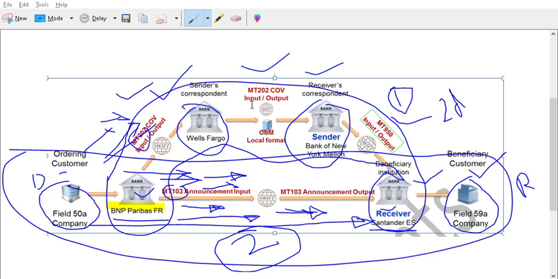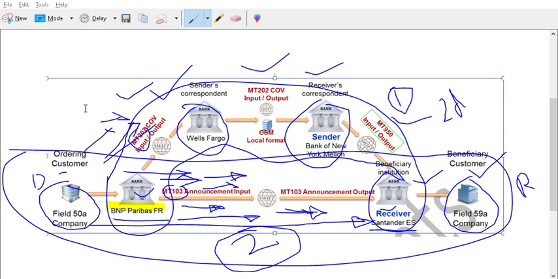Exchange means clearing agencies or CSMs. In our example we have only one, but maybe more than 2, for example. So due to that, this MT103 is sent directly from the originator bank to the beneficiary bank instructing the account credit. Okay, that is one reason why MT103 is sent.